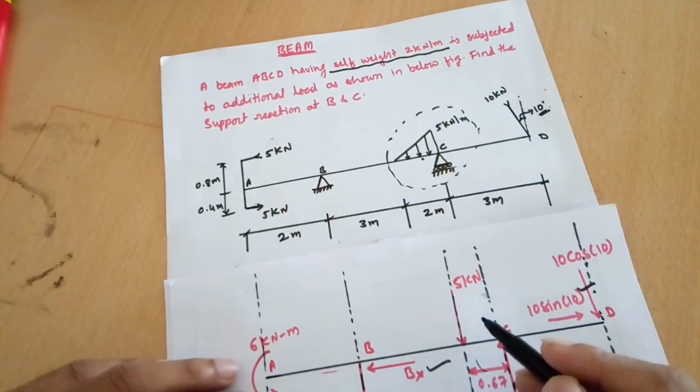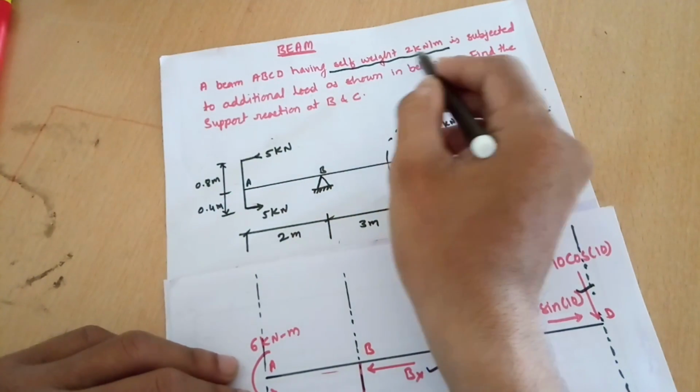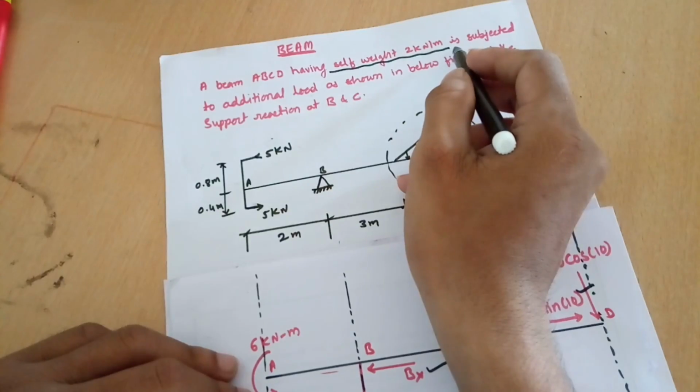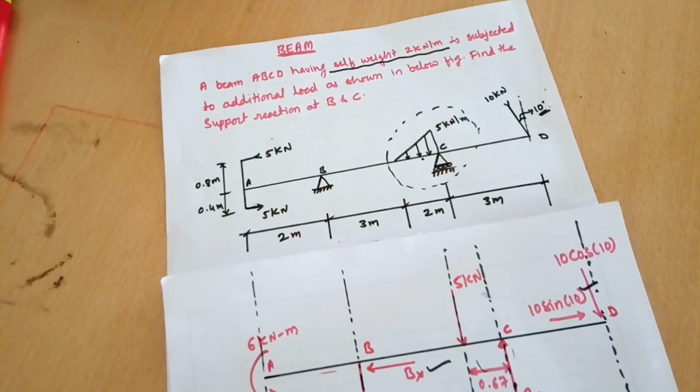And here one more force is acting, that is self weight, 2 kilonewton per meter. This we usually forget to consider in the solution of the problem. That we should not do.